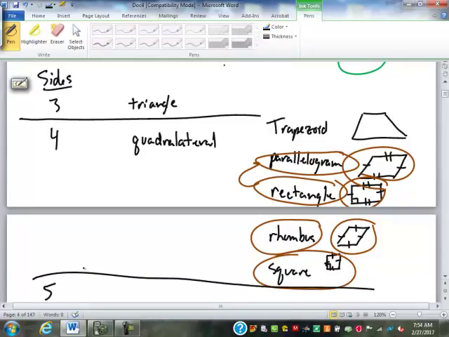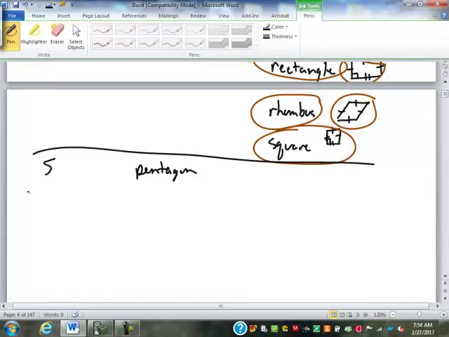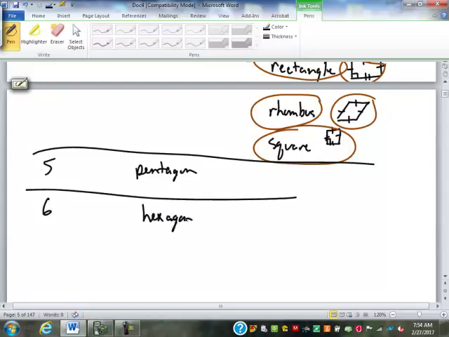So now if we go up to 5 sides, what's a 5-sided figure called? Pentagon. Six-sided figure? Hexagon. 7?